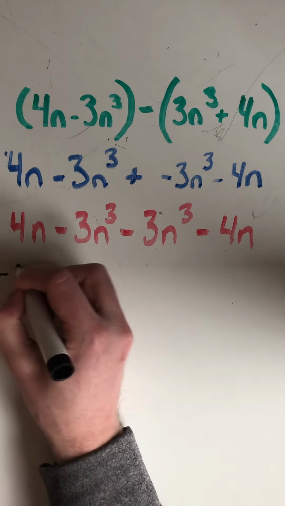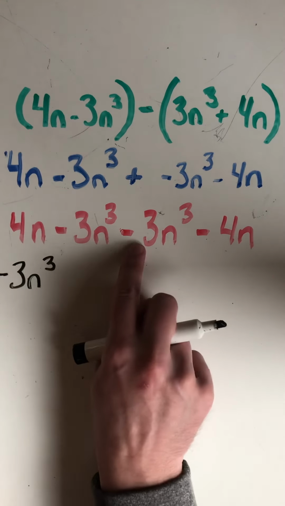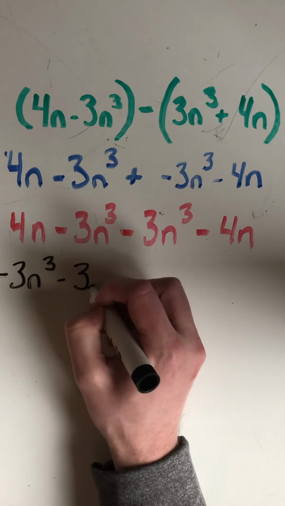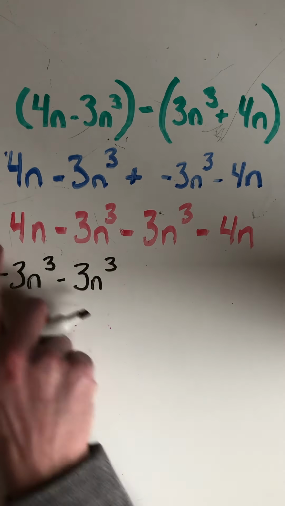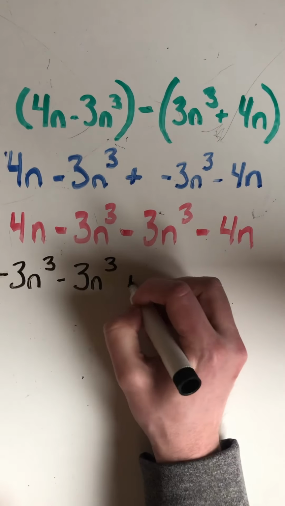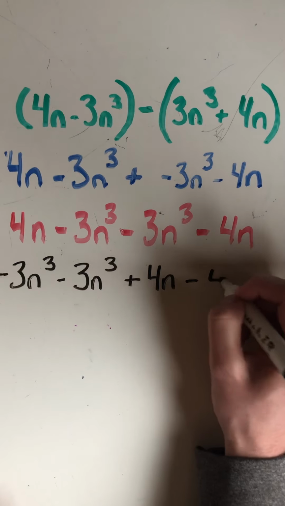So I have a negative 3n to the third, that's this piece, minus 3n to the third. And now I have a positive 4n, and I have a negative 4n.